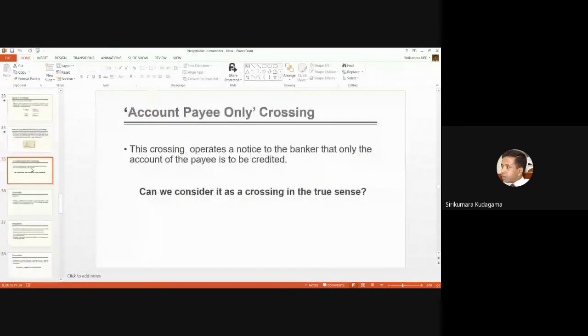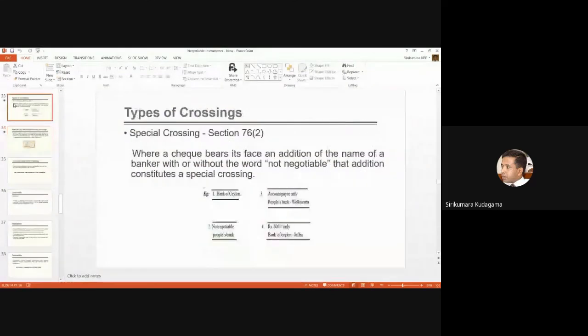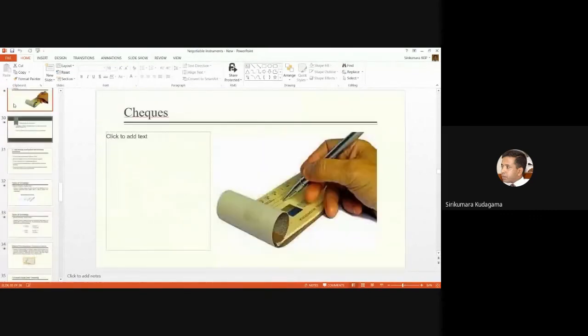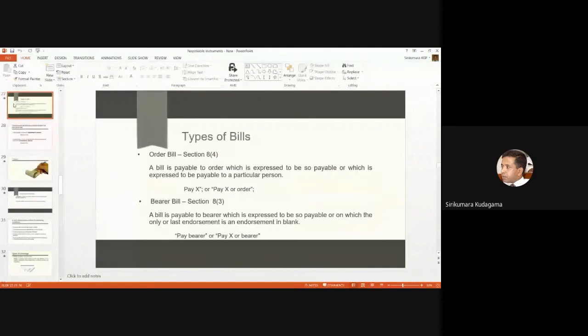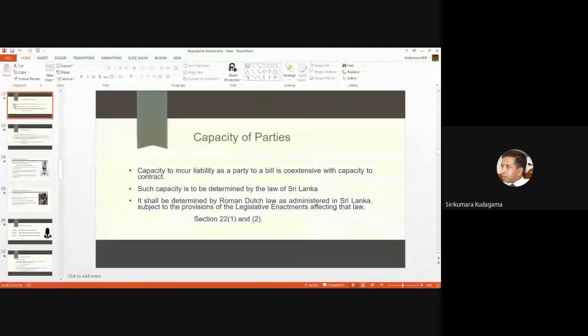So I'm not going to touch on that part today, but I would be happy to assist you in any area that we have covered today. I'll skip certain slides. Other than that, I think we have covered other things. Is there any concern, any question on these areas?